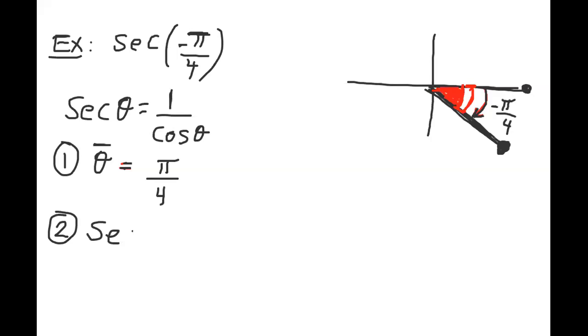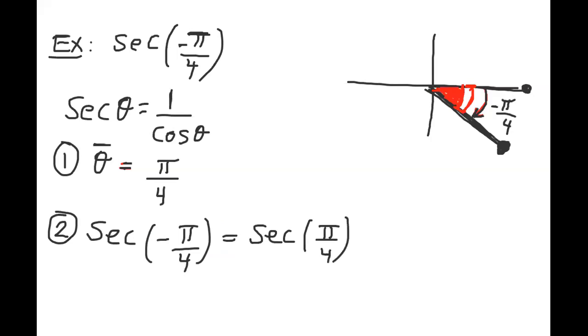So the secant of theta equals 1 over cosine theta, but here we will not use theta. I will use the same angle. The secant of minus pi over 4 is the same as the secant of positive reference angle pi over 4. Here it is positive.